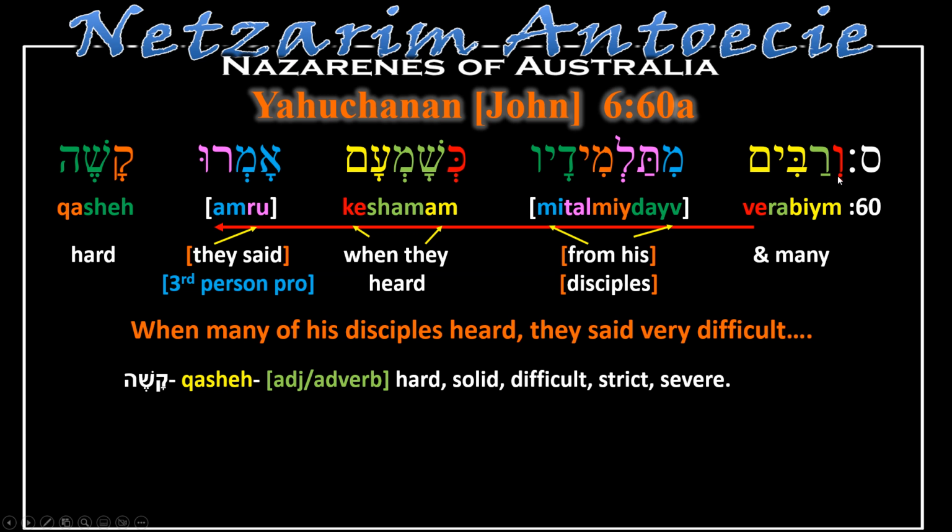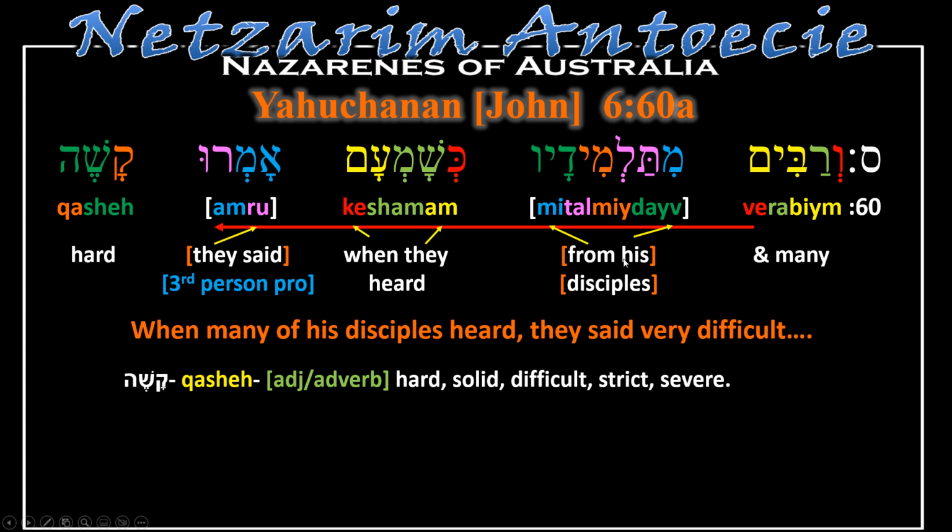Now we read it. Ve rabim, and many. Well, we know that rab means much, many, abundant, great. So we can use many. And many, mi talmidav, from, that's the mem, his, the vav at the end, disciples. And it's a plural because you've got a yod there.